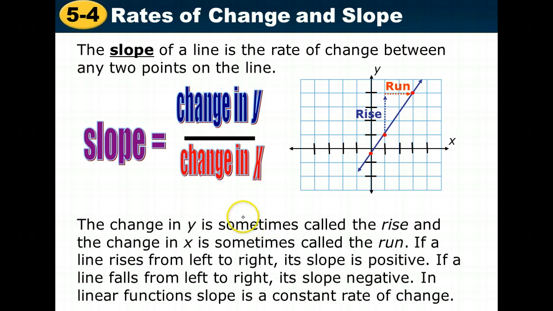So the slope here will be 3 over 2. That means we have to rise up 3 and then run 2. Now sometimes it might be a negative slope, and then we have to do the opposite. So we have to go down 3 and then go to the right 2 times.